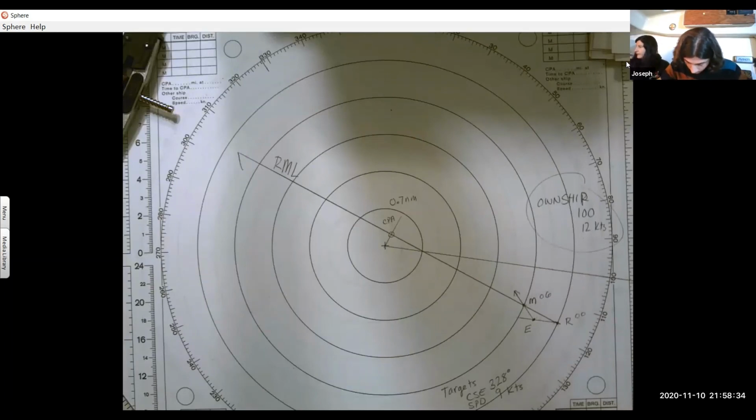It's gotta be lined up at the center, doesn't it? That can't be right. You gotta bring it down to the center. No, because it's going this way.